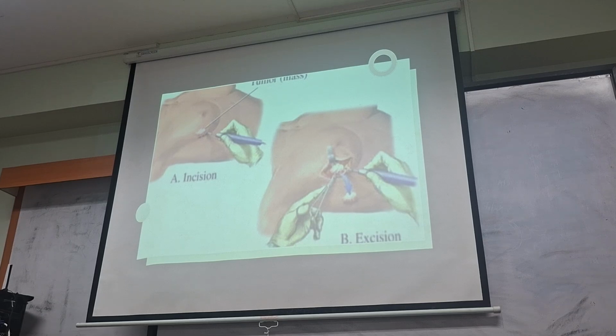There's also going to be incision and excision biopsy. Now, these are done on palpable tumors in most cases. Incision is just removing a piece of the tumor. Excision biopsy is removing the entire tumor. Sometimes, when you do an excision biopsy, you can remove the tumor with a margin.